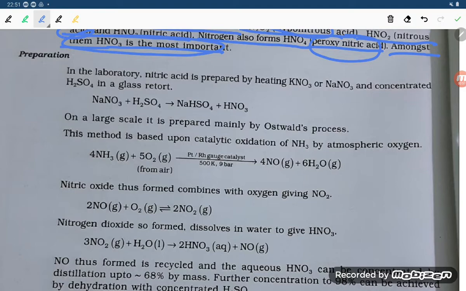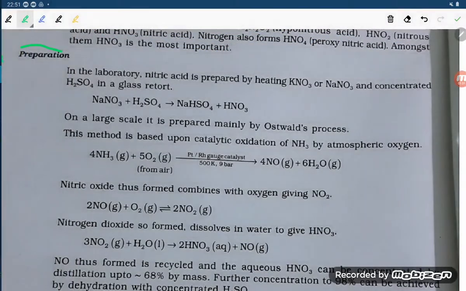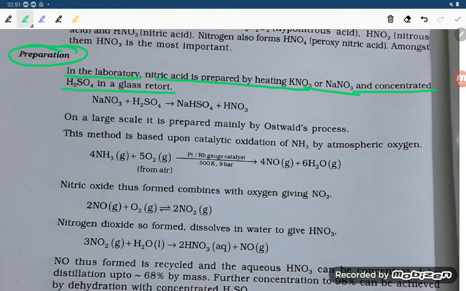Next, we are going to understand the preparation. In the laboratory, nitric acid is prepared by heating KNO3 or NaNO3 and concentrated H2SO4 in a glass retort.